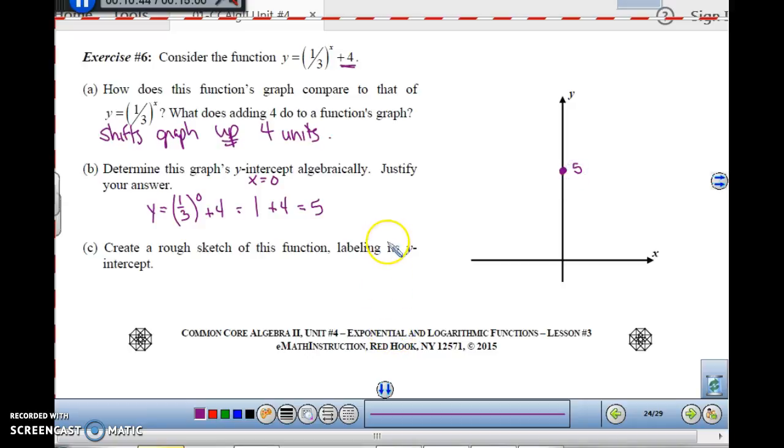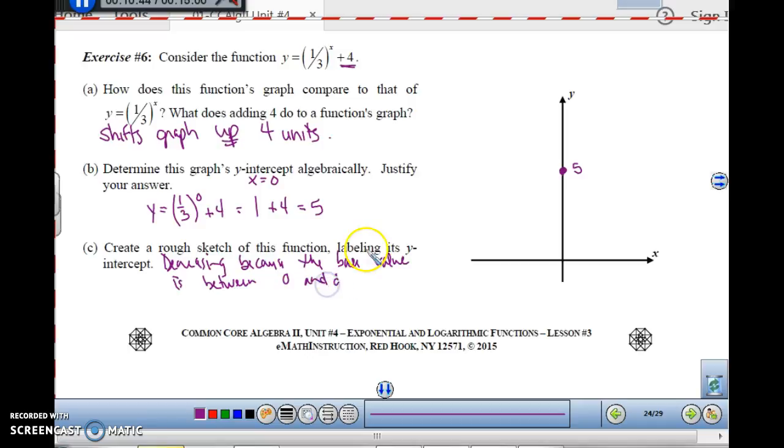What is this function doing? It is decreasing. Why do I know it's decreasing? It is decreasing because the base value is between 0 and 1.